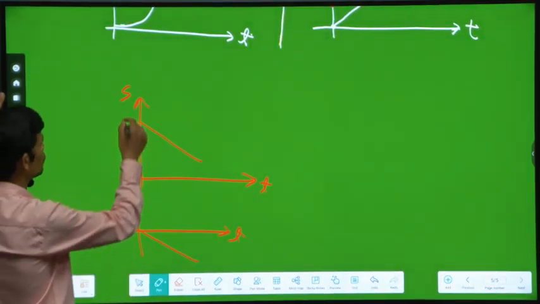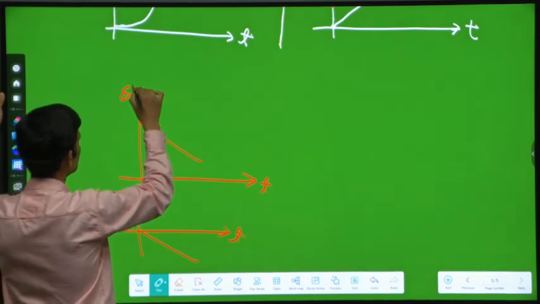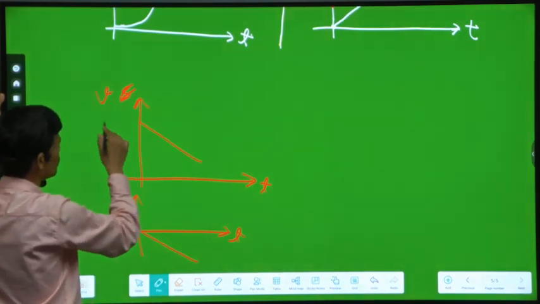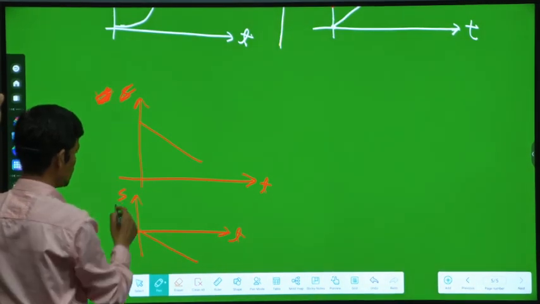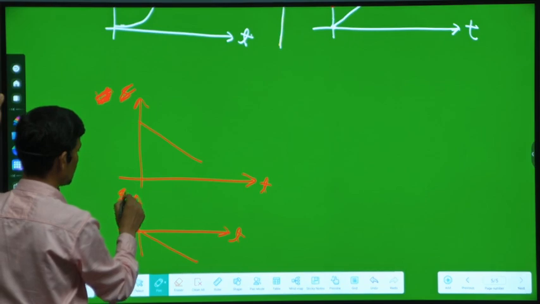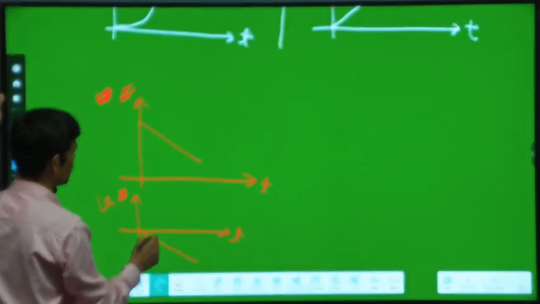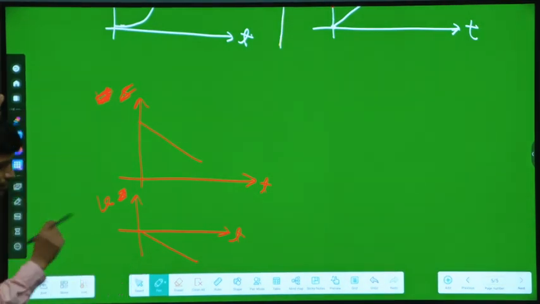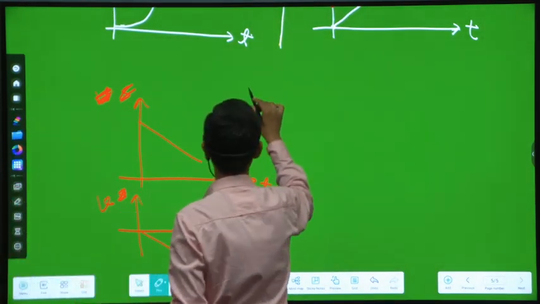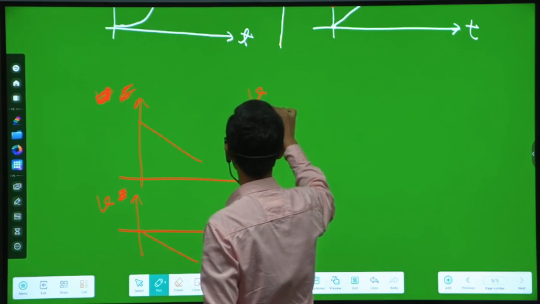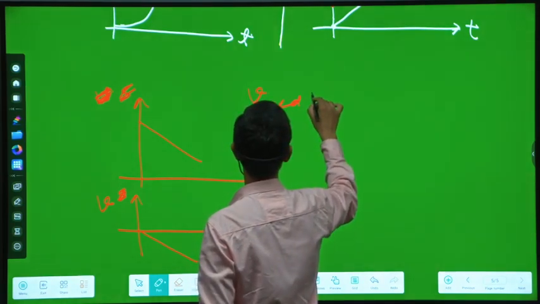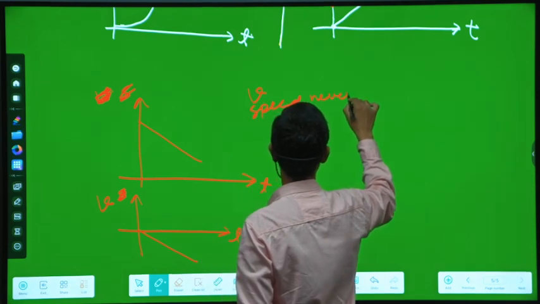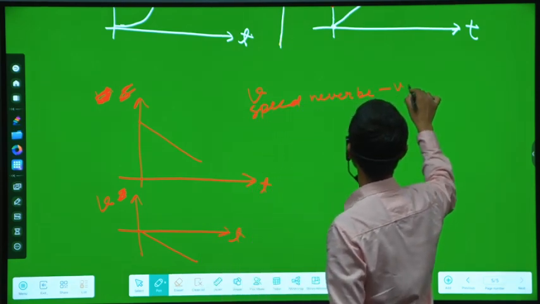So also with speed. Speed can decrease, but speed cannot be negative. So remember, if v is speed, it can never be negative.